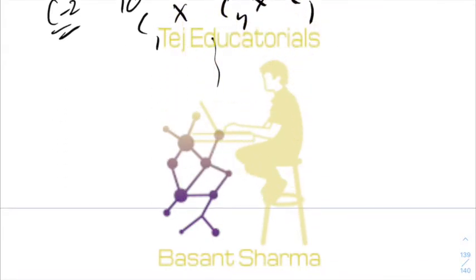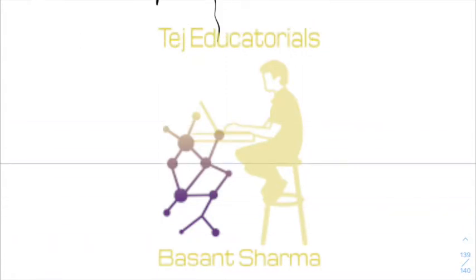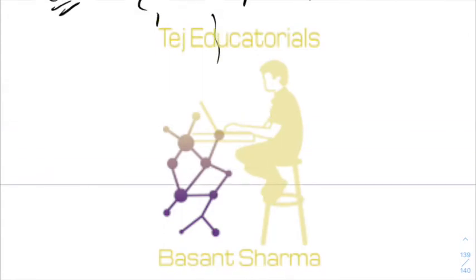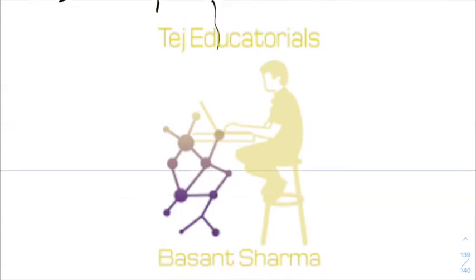But again, this is not a very good way of solving this question. What you can do instead is, what is the total number of ways of selecting 6 people out of 10 Indians, 8 Americans and 6 Israelis? So you have a total of 24 people. The total number of ways of selecting 6 out of them is 24C6.